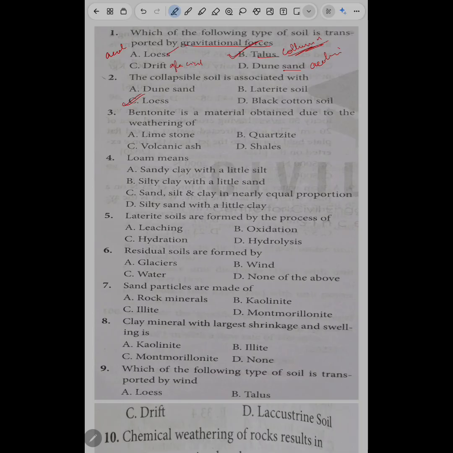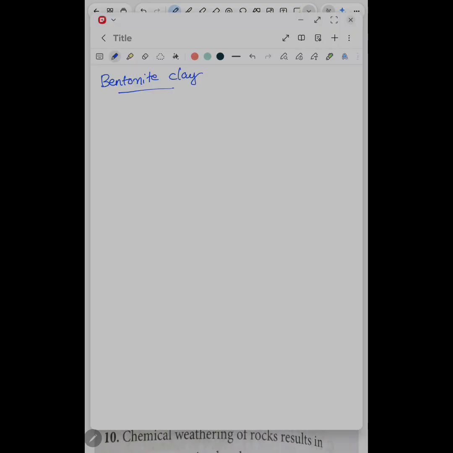Next one is, bentonite is a material obtained due to the weathering of. So here we are going to study bentonite clay. This bentonite clay has a high percentage of montmorillonite. So they are highly plastic.